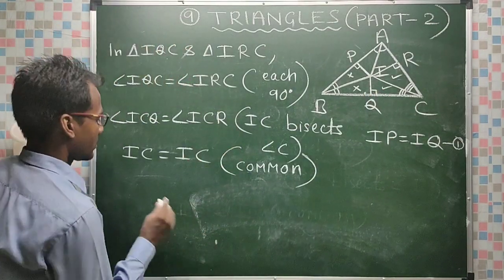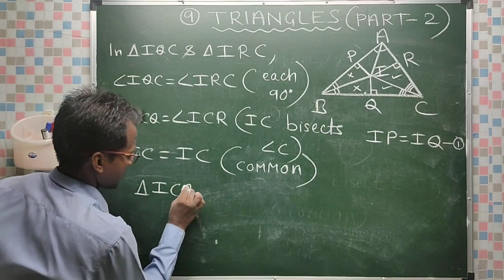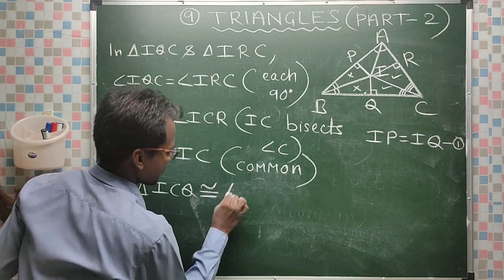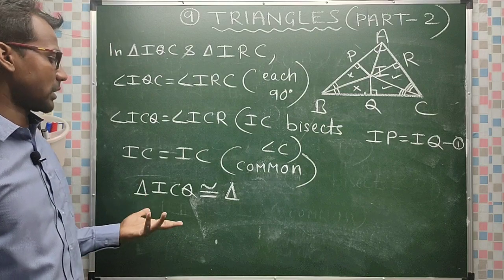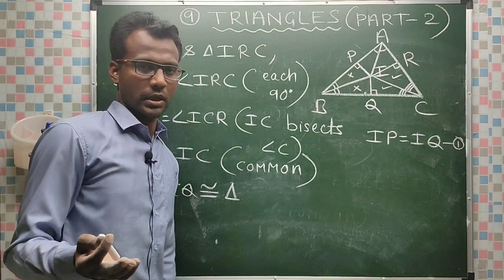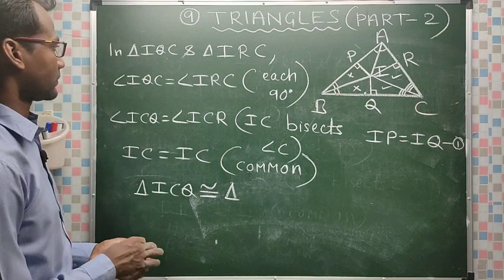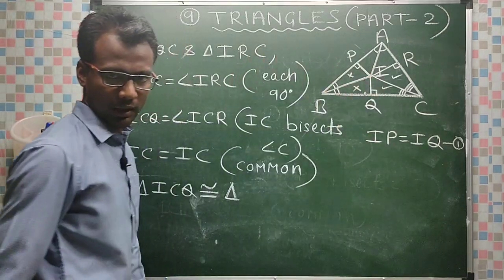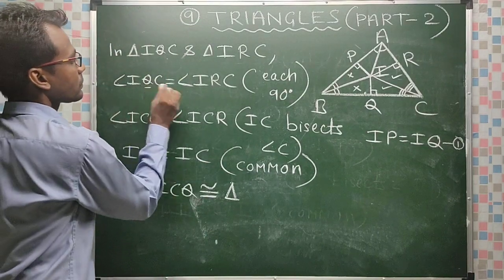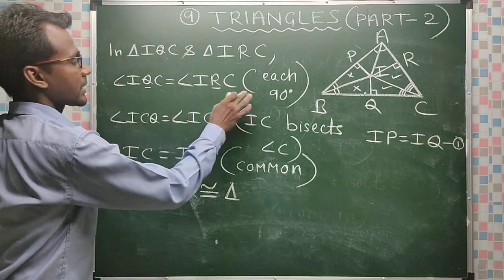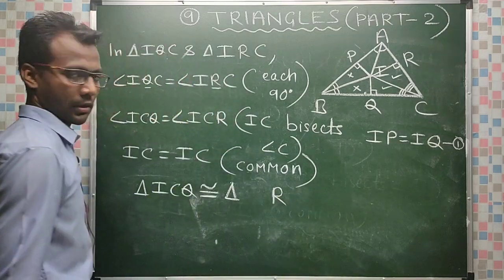So now we can get the order. Triangle ICQ. The first one you can take in any order: IQC, ICQ, QCI, CIQ, in any order you can take. The second depends on the first. Now let us get the order. You don't need to look at the triangle. Simply look at the angles. When you have angles, don't go for sides. Angle IQC, angle IRC. So Q corresponds to R. Q third, R third.